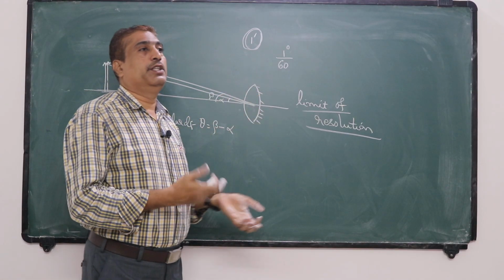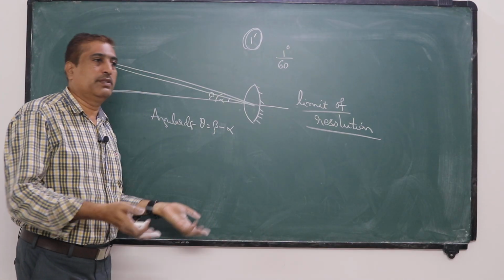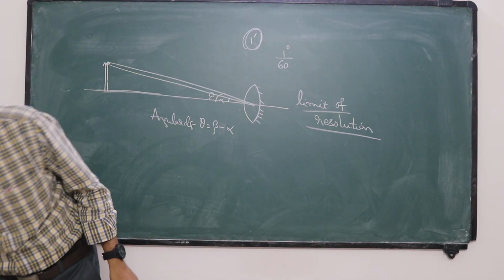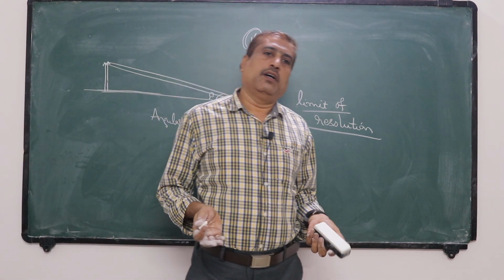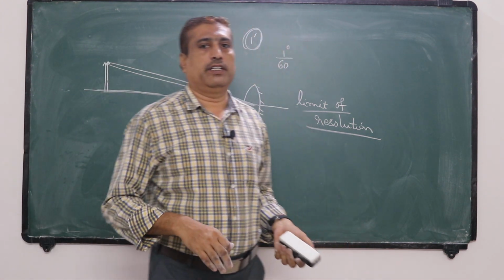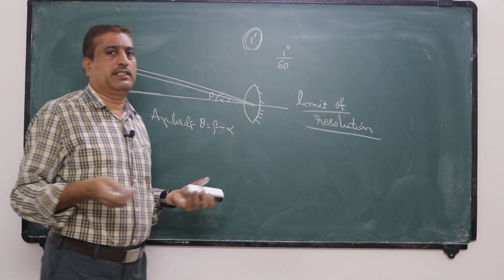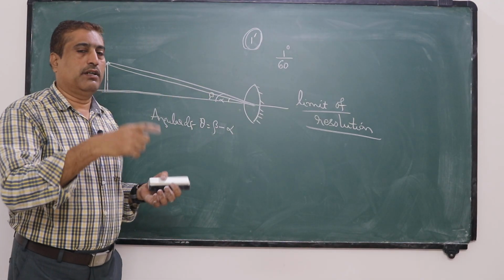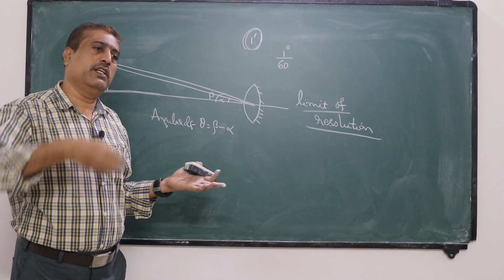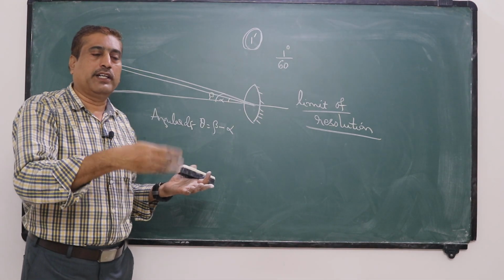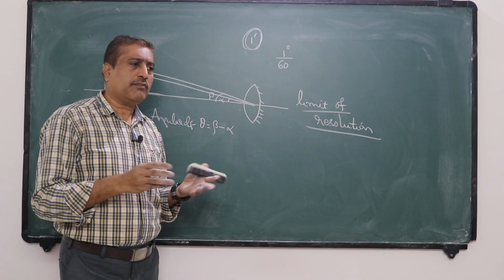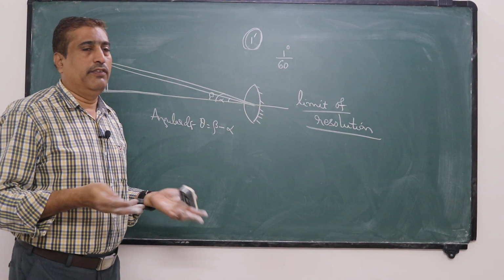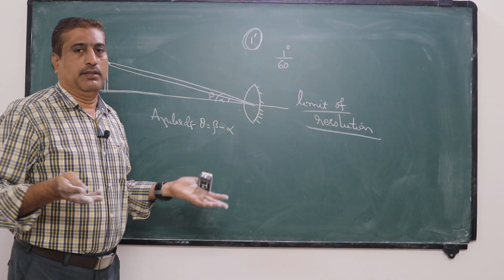So even these optical instruments have a limit on their resolution. Even the microscope and telescope have a limit on their resolution. That means even a microscope cannot visualize all objects as separate. There is a limit, up to a certain limit it can resolve. After that it cannot resolve them.